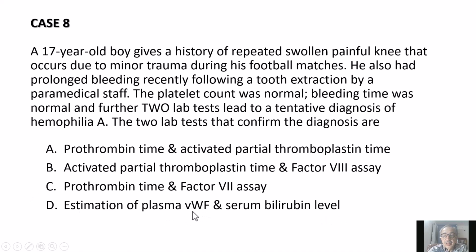Bilirubin is not a correct answer. Estimation of plasma von Willebrand factor is okay, but the most correct answer is the activated partial thromboplastin time. APTT assesses the intrinsic pathway where factor 8 is involved mainly in the classical coagulation pathway, and factor 8 assay.